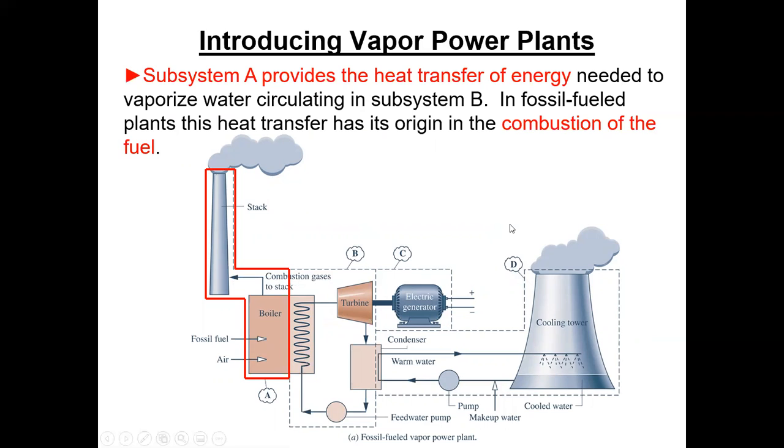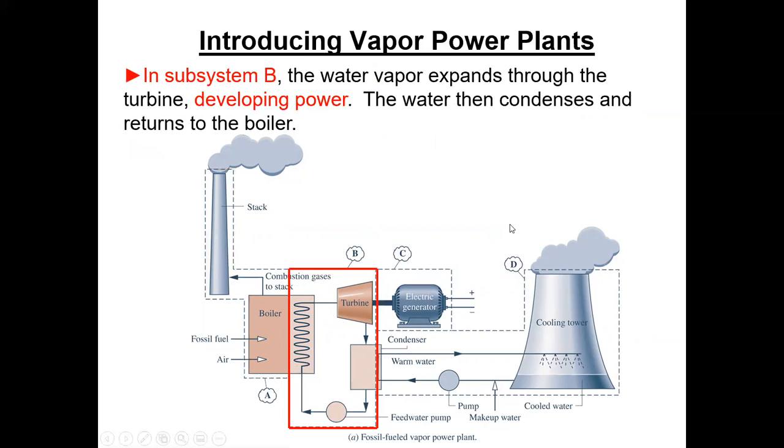A provides the heat transfer of energy needed to vaporize the water circulating in B. This is combustion for a fossil fuel plant. Subsystem B develops the power: it generates the steam from the heat that comes in, sends steam through a turbine, and then we condense it, and then we pump it back to complete the cycle.